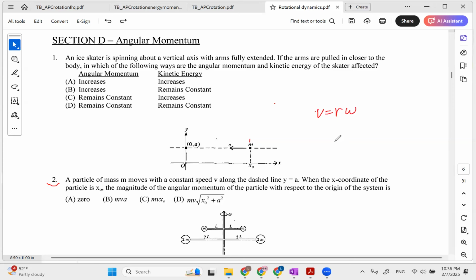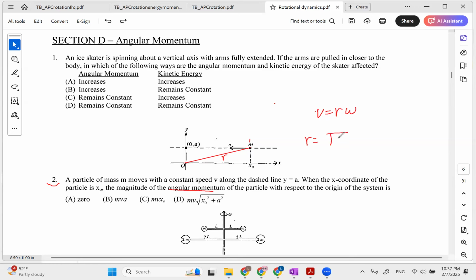So what's the r? It's the square root of x initial squared plus a squared. Okay, like the Pythagorean theorem. And then what do you get for the angular momentum right now?